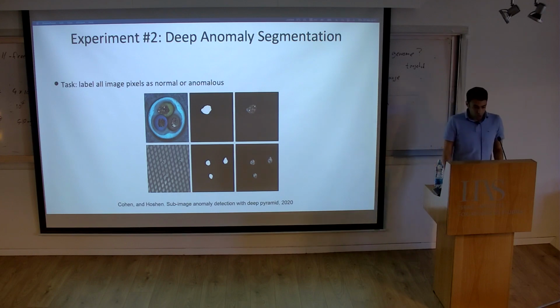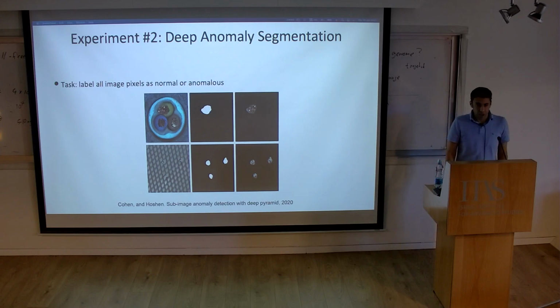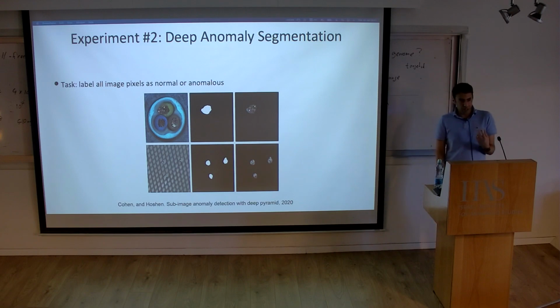We wanted to take this a little bit further, and we tried to use it for anomaly segmentation. Anomaly segmentation is a related task in which instead of trying to indicate at the image level whether the image is normal or anomalous, we wanted to indicate at the pixel level whether this pixel is normal or anomalous.